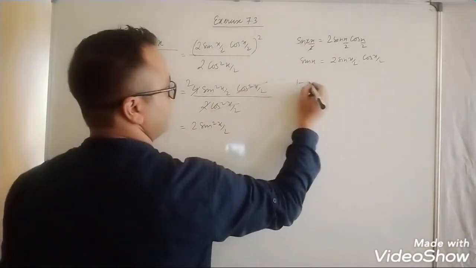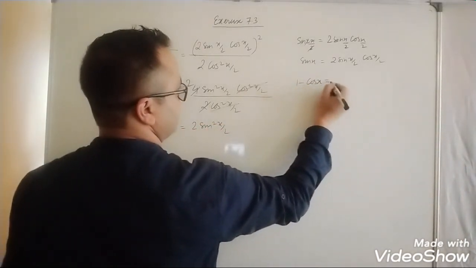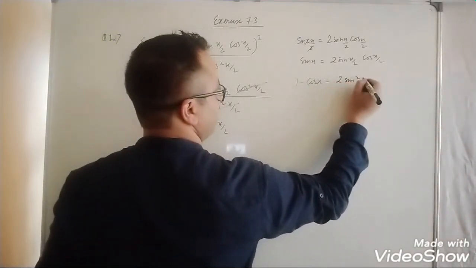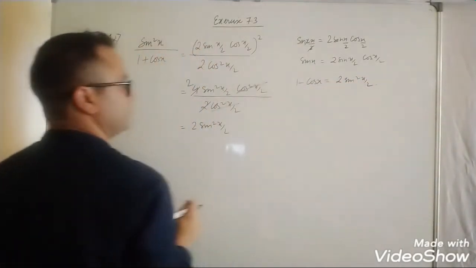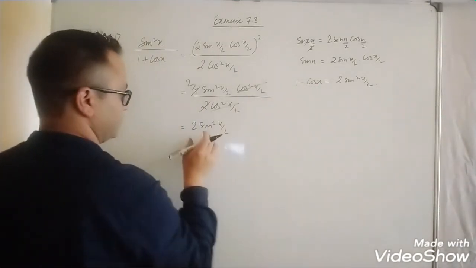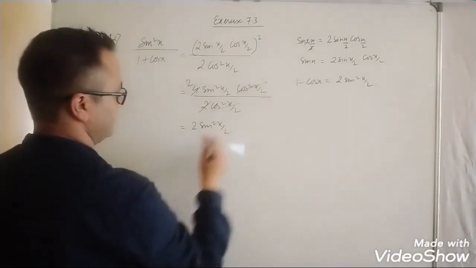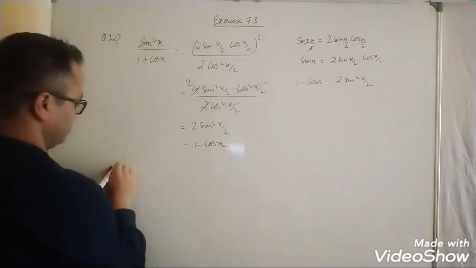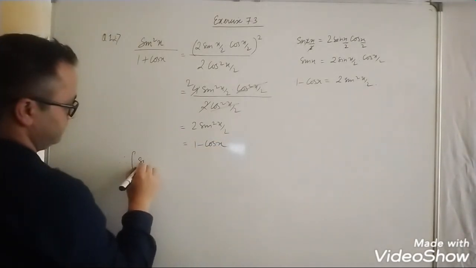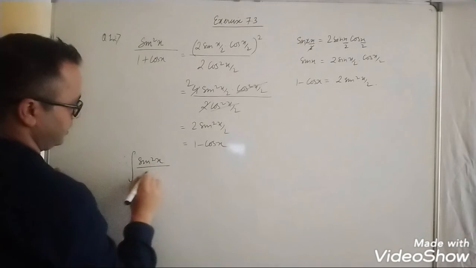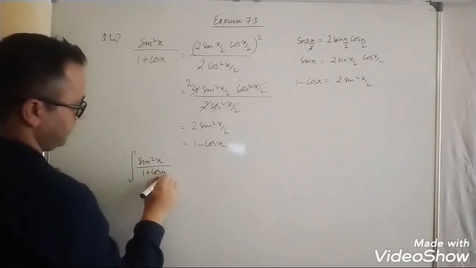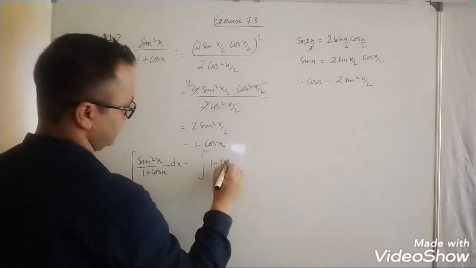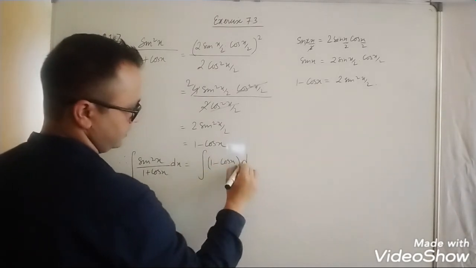So we know that 1 minus cos x is 2 sin square x by 2. So we can apply this formula: 2 sin square x by 2 is 1 minus cos x. Therefore, integration of sin square x by 1 plus cos x dx equals integration of (1 minus cos x) dx.